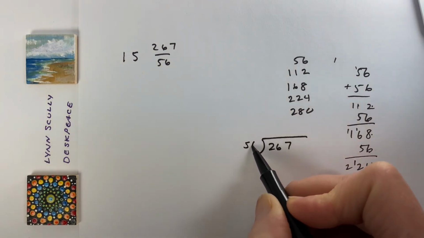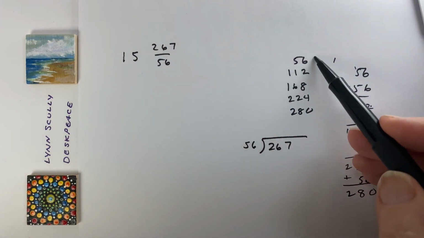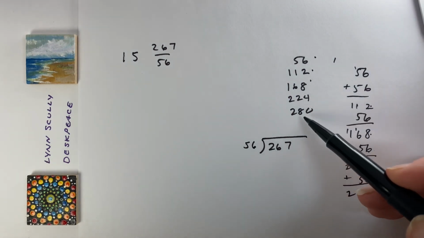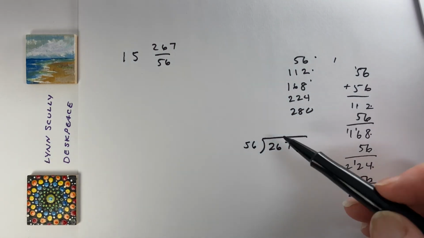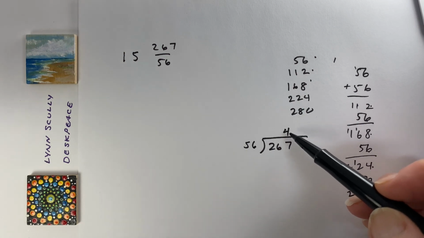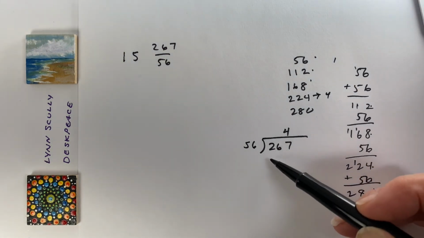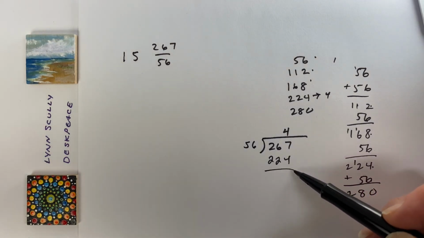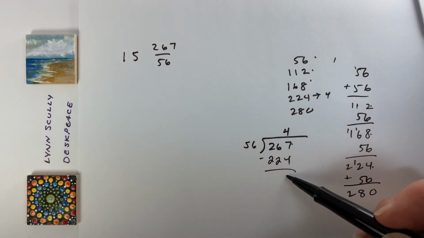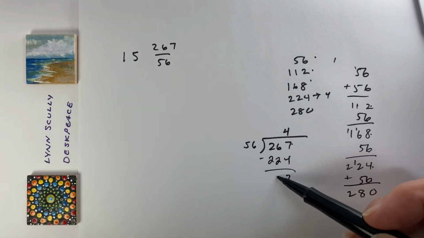All right. So I am going to do 267 divided by 56. 1 time, 2 time, 3 time, 4 time. It can't go in 280, so it's 4 times. And you already know that 4 times 56 is going to be 224. Minus this, 7 minus 4 is 3. 6 minus 2 is 4.